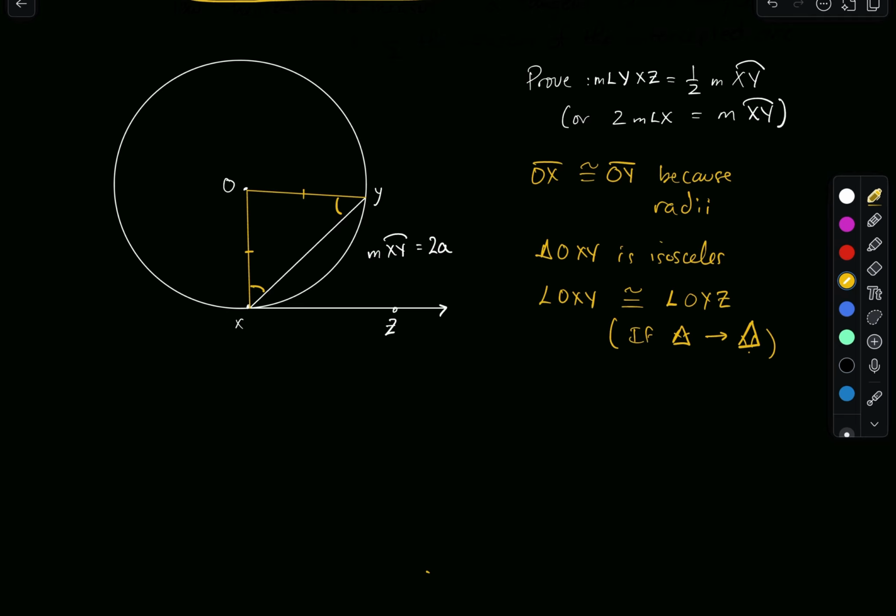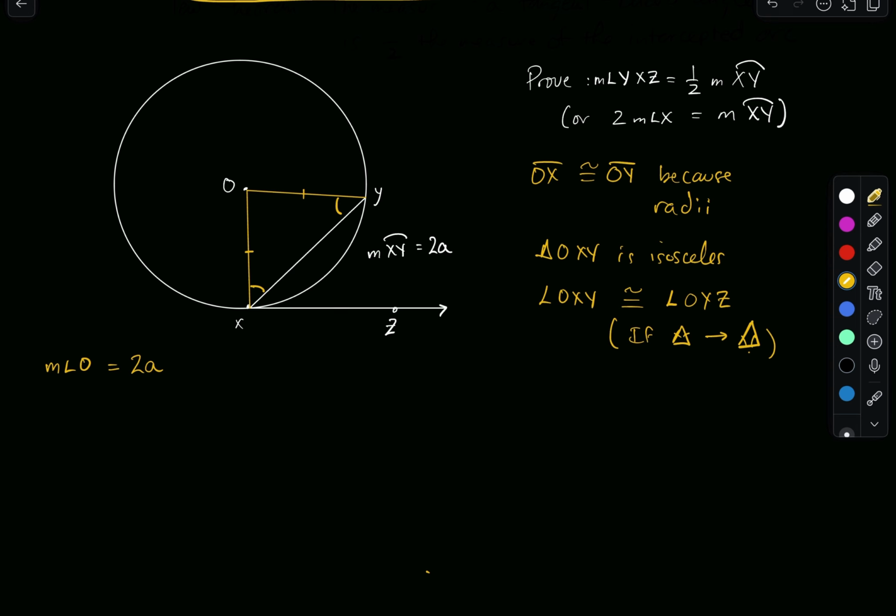So let's take a look at the measure of angle O for just a moment. The measure of angle O has two things going for it. The first one is that it is equal to the measure of the arc that it's intercepting, so it's equal to the measure of arc XY.